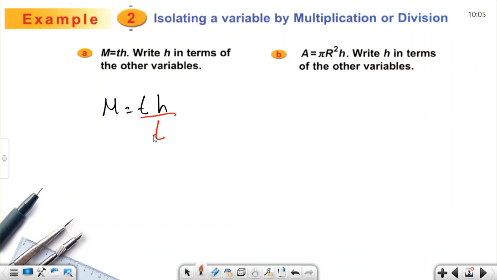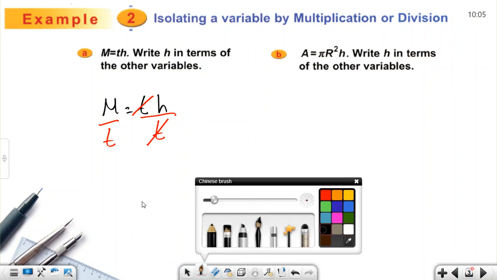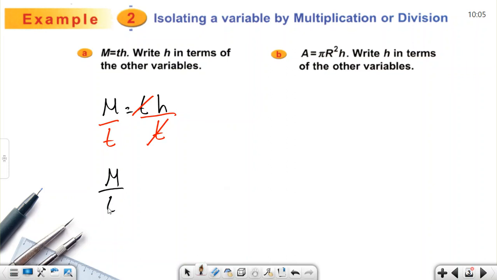So if I divide both sides by T, T divided by T will be 1, and only H will be left. M divided by T will be on the other side. So H is equal to M divided by T.